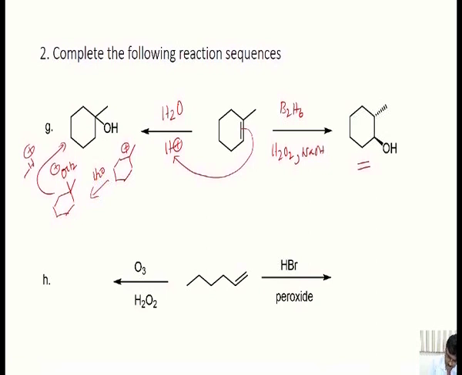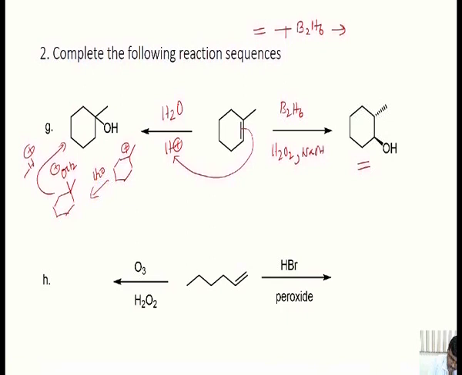The formation of this alcohol can be explained as reaction of alkene with borane to give the addition product.